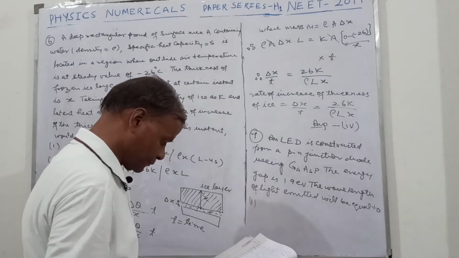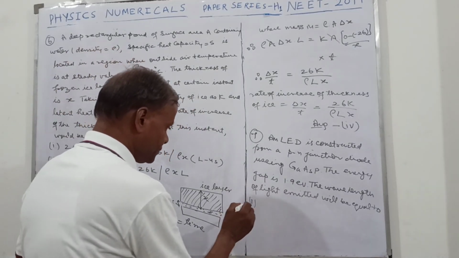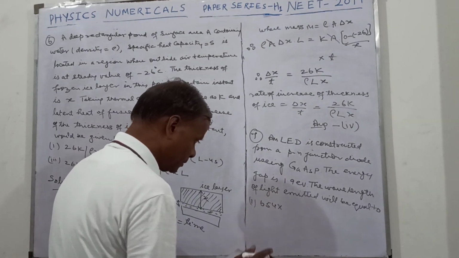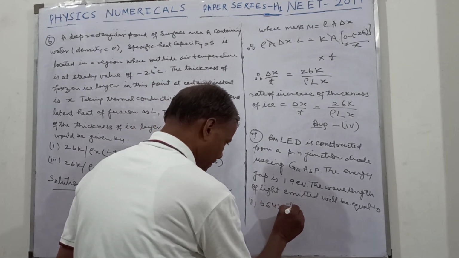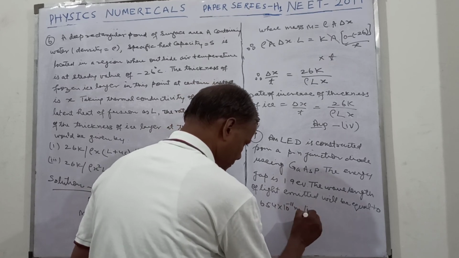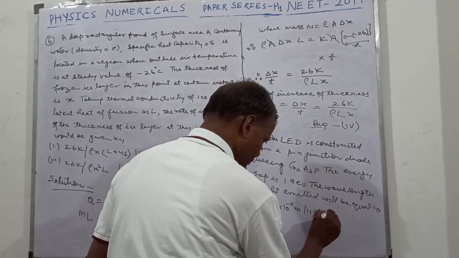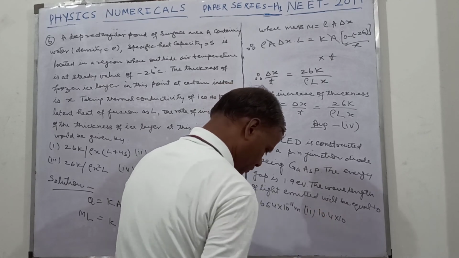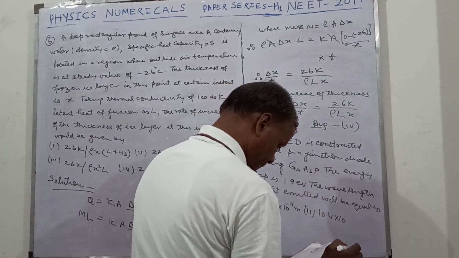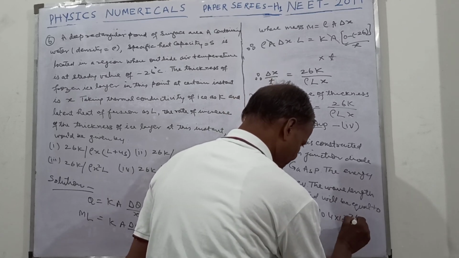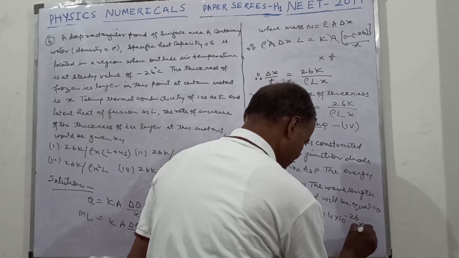Now the first option is 654 into 10 raised to the power minus 11 meter. Second is 10.4 into 10 raised to the power minus 26 meter.